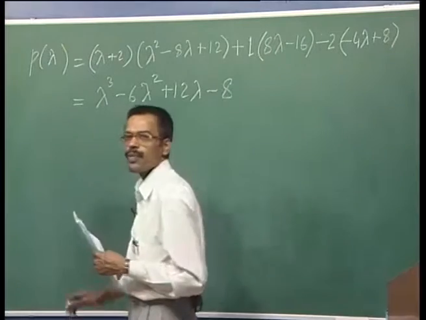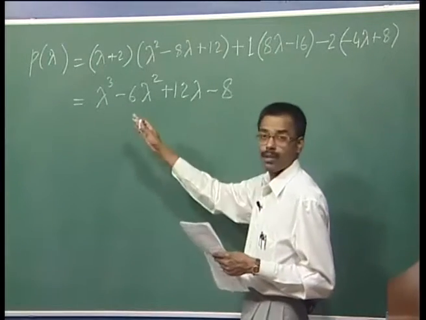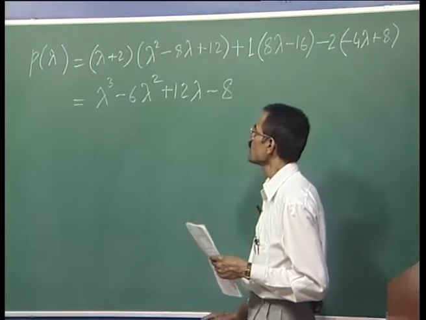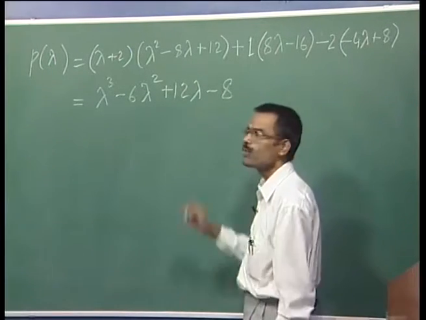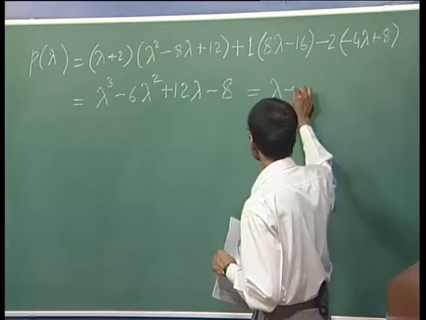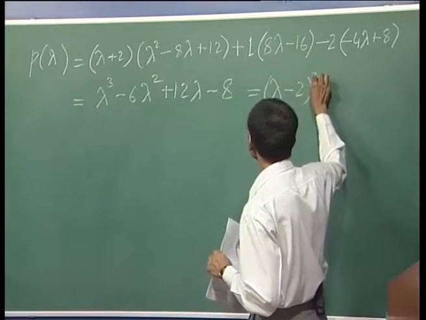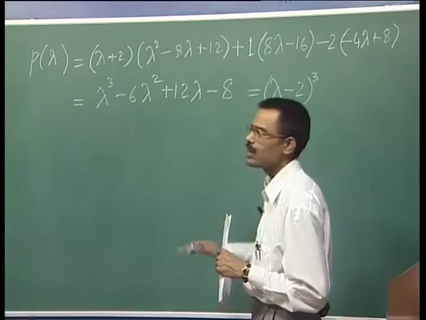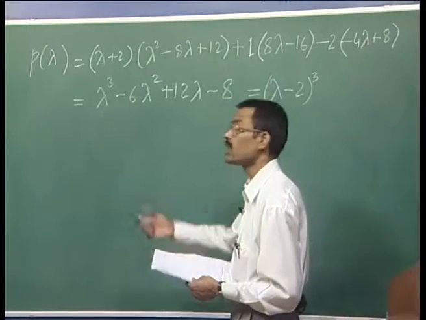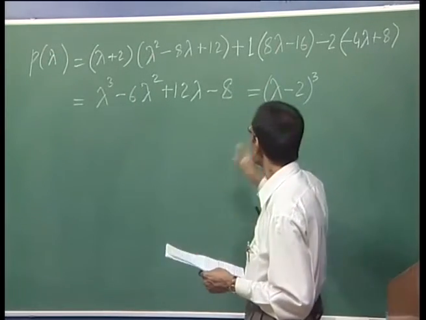this. Now, this particular polynomial is very easy to factorize, because you can see that it is the exact cube of lambda minus 2. So, factorization in this case is actually very simple, which will not be so in the case of a general polynomial or general even cubic polynomial. And this tells you what?